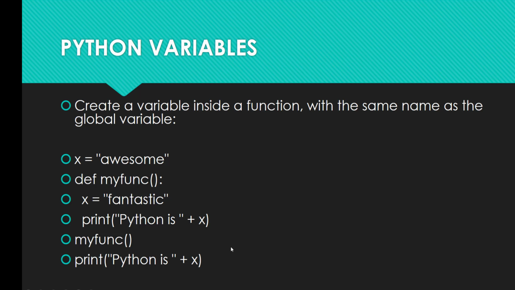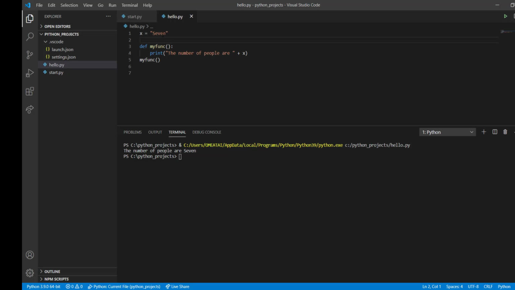So let's run and see how this works. So we're going to make this just like we saw, "awesome," and we're going to make x now "great." So we are going to, within this function, print out the value of x within the statement "Python is." We join it to x.